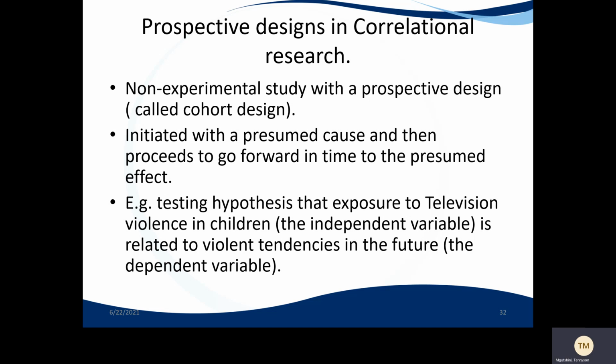Basically, once again, it's a correlation study, so you're interested in the relationship between two variables, but it's a forward-looking study. So you've identified what the independent variable of interest is, and what you're going to do is to watch it over time.